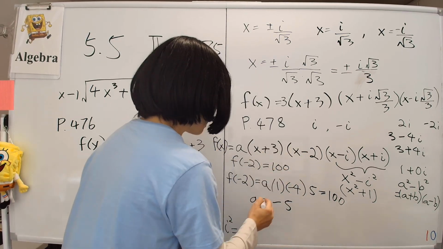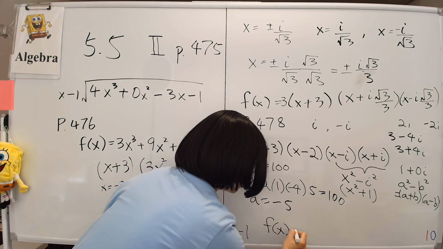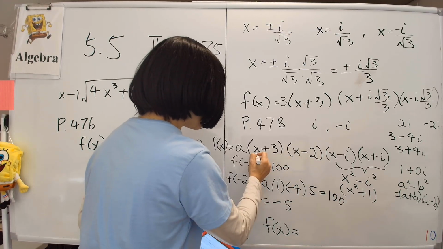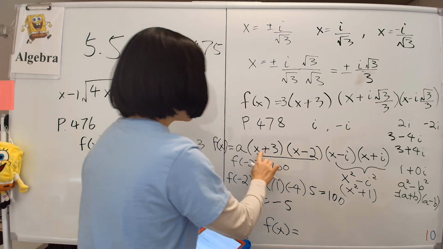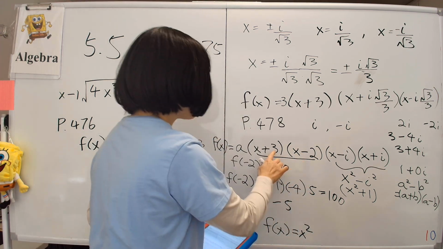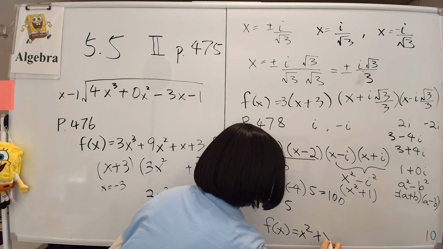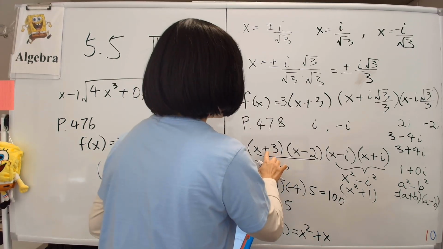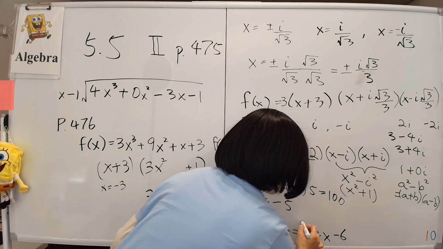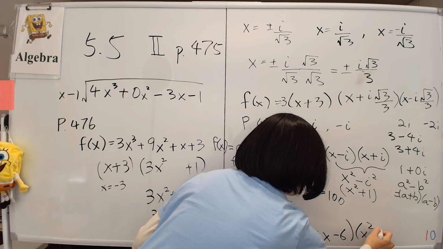I'll write it down here, f of x equal to, just this part. X plus 3 times x minus 2, that's x squared, plus 3x and then minus 2x, that's plus x, and then plus 3 times minus 2 is minus 6.